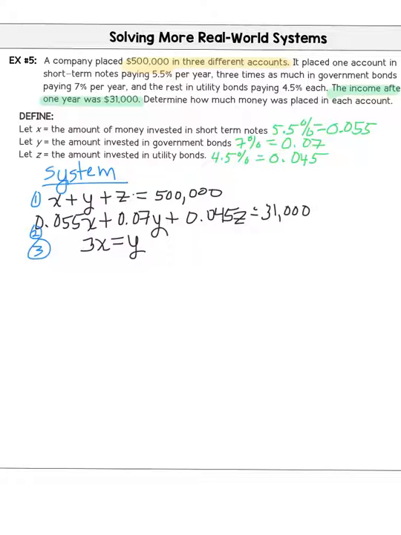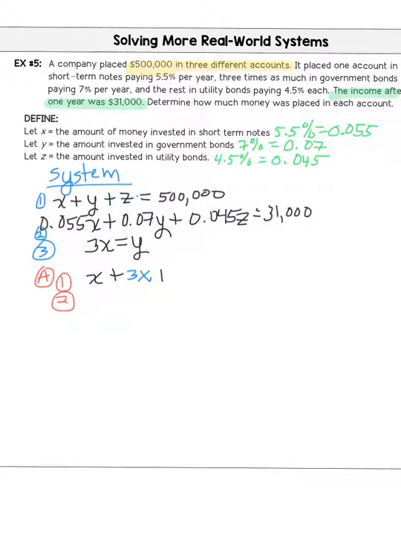So part A, I'm going to take equation 1 and equation 2 and replace every y with a 3x. So I've got x plus, instead of the y, I'm replacing it with 3x plus z, is equal to 500,000.